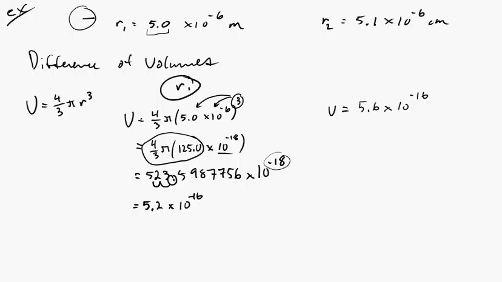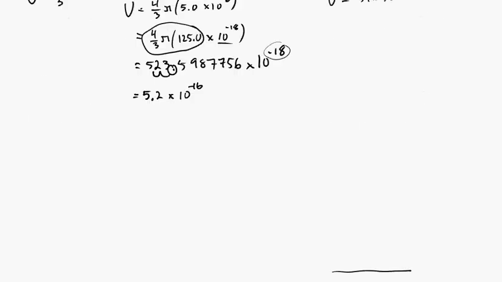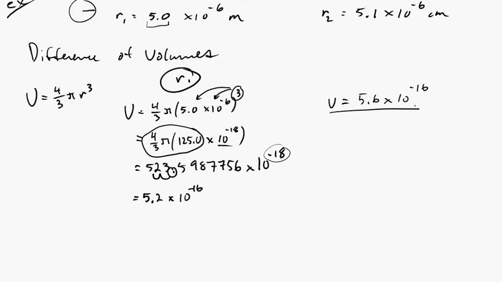And now the problem is asking us to find the difference. So I'm going to take this, which is bigger, and subtract that right there. So it'd be 5.6 times 10 to the negative 16 minus 5.2 times 10 to the negative 16.